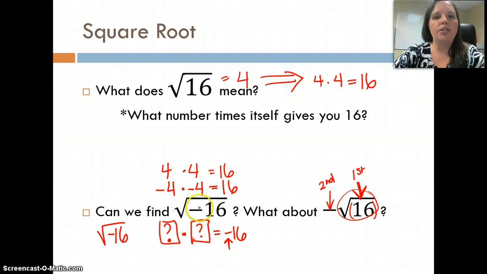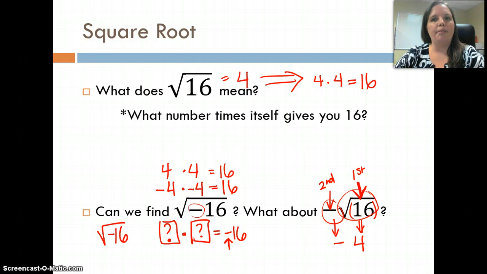In the first one, the negative sign's inside the square root; in the second, the negative sign's outside the square root. So what's the negative square root of 16? We'll take the square root of 16, which is 4, and then bring the negative sign along. So it's the order that you're looking at them and looking for those details.